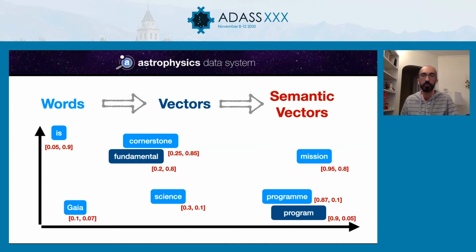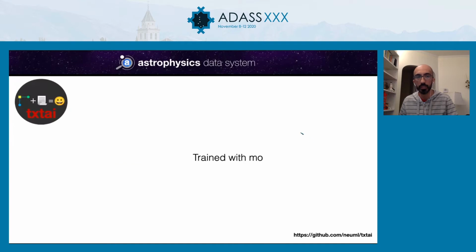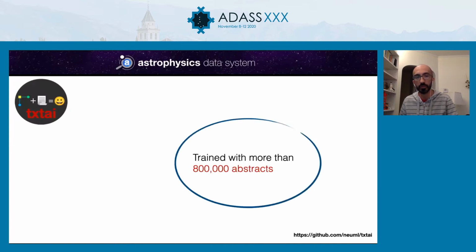That's exactly what we've done using a library called Gensim. We've built and trained a neural network using more than 800,000 abstracts from ADS, so that now, with the help of this package, we can do something different.